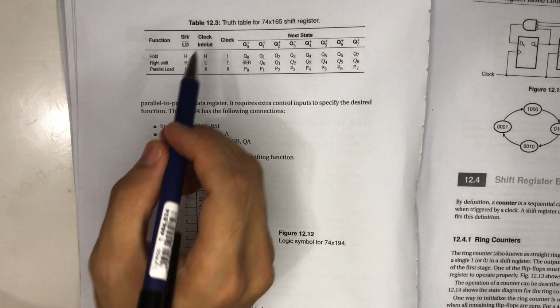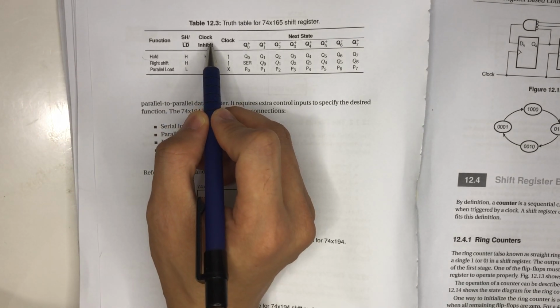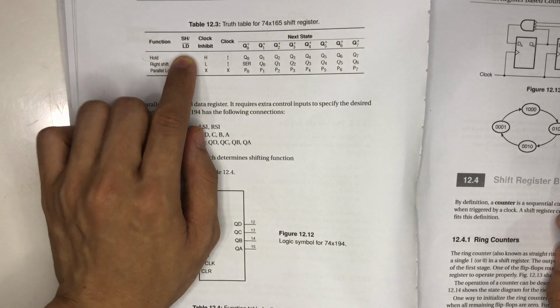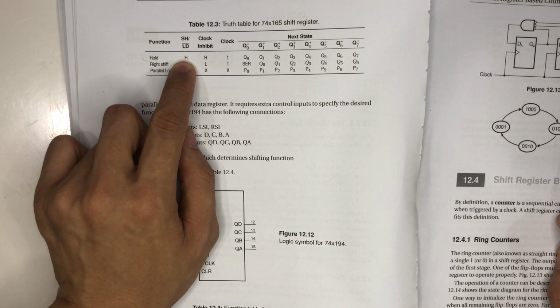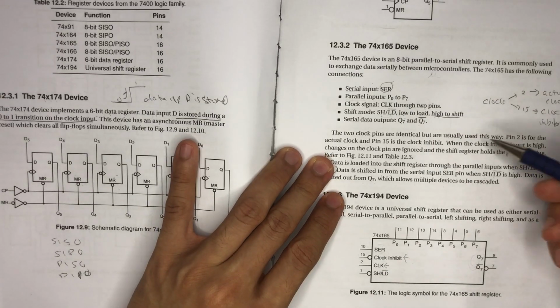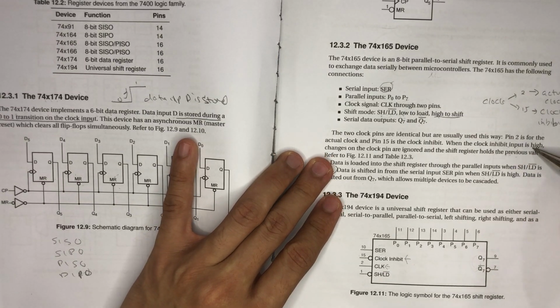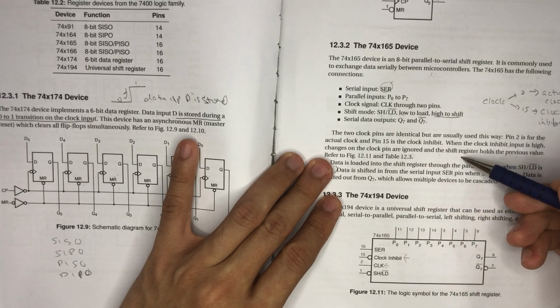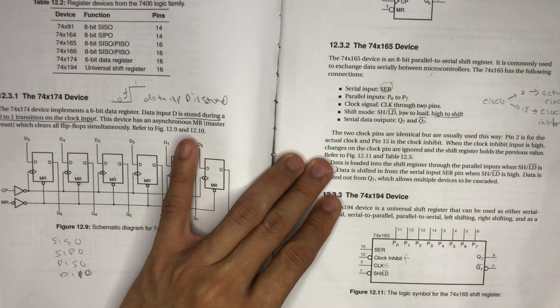So here SH/LD is hold, so it holds the previous value. Let's see from our understanding last time: when the clock inhibit input is high, changes on the clock pin are ignored and the shift register holds the previous value.